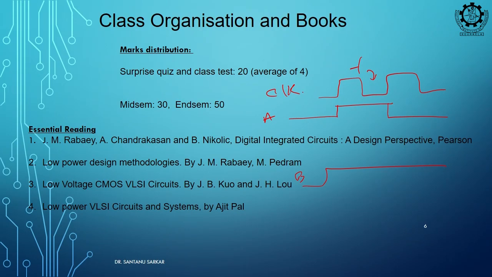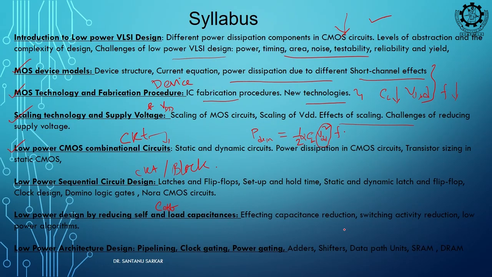This is known as alpha times C L, termed the C effective. This alpha is the probability of switching, how fast you are switching. If you are switching faster, you will burn more power. So, we club this with the capacitance and term it the effective capacitance.